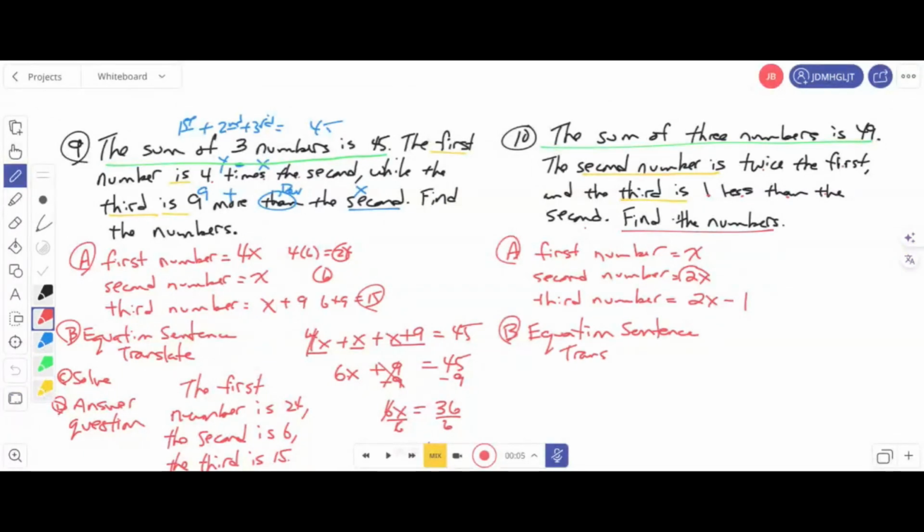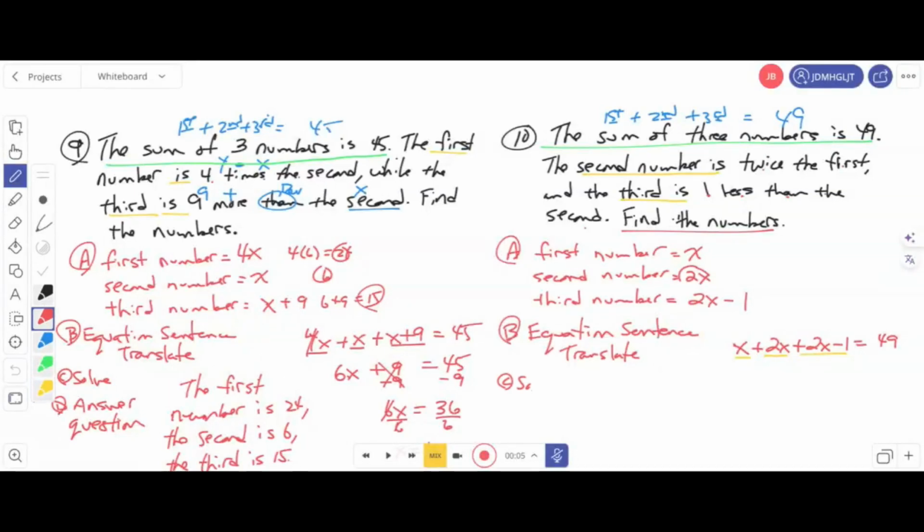Translate. First plus second plus third is 49. X plus 2x plus 2x minus 1 is 49. There is the first number, there is the second number, there is the third number.